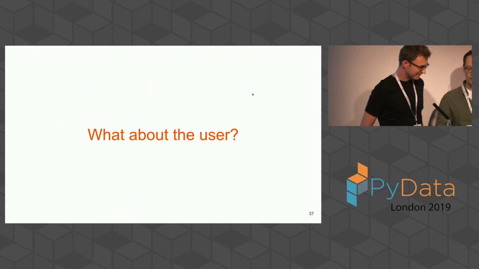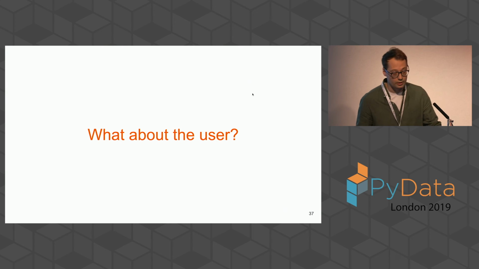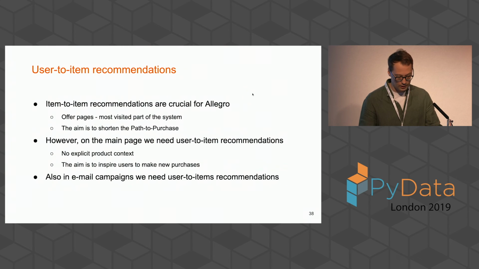Okay. So what about the user? So far, we've talked only about item-to-item recommendations, which is reasonable given the share of product pages in Allegro traffic. But still, we want to be able to serve recommendations directly to the user.